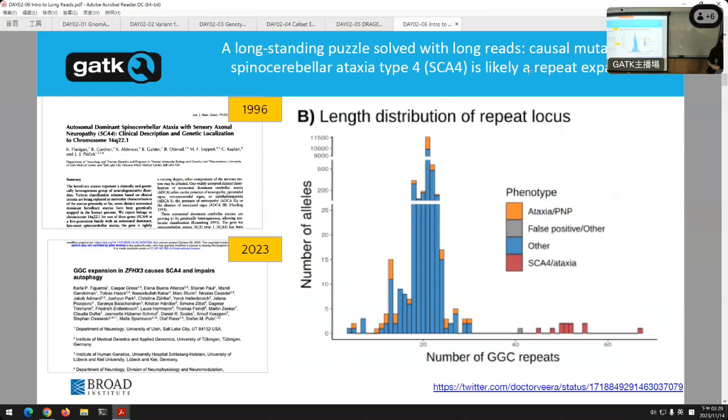And so we can get the full picture of how many of these GGC units exist and identify that that's the cause of disease. This will come up again throughout this session, but I want to highlight that long reads are particularly useful for accessing repetitive portions of the genome for this exact reason.